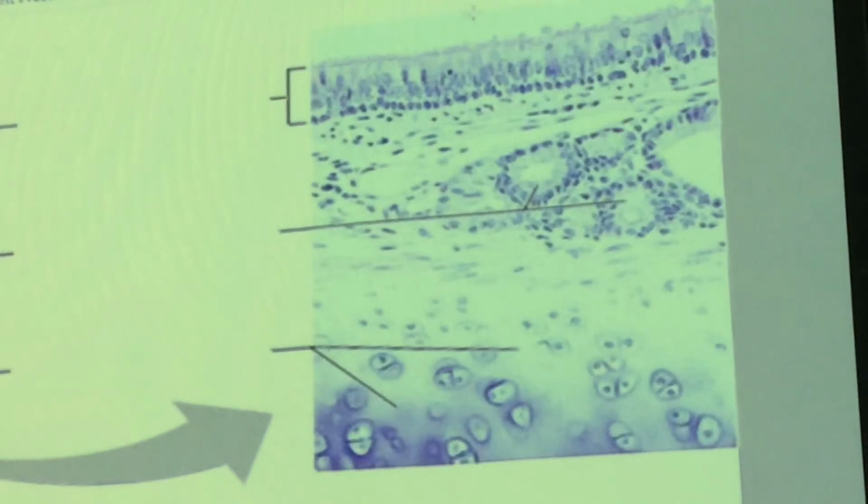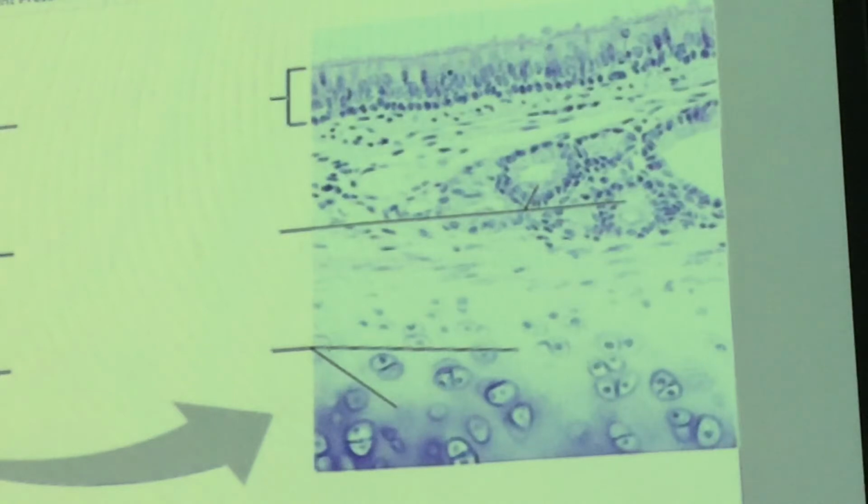Think about where we are. This is the lumen of the trachea. Mesothelium is serous membrane, endothelium is vessels and heart. PSCC. Ciliated pseudostratified columnar epithelium. Right? That's what lines most of the respiratory tract, including most of the nasal cavity, most of the larynx, all of the trachea, and all of the larger airways.